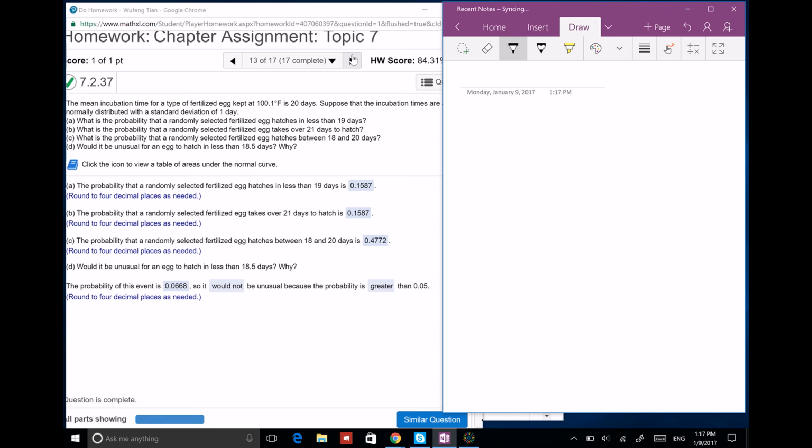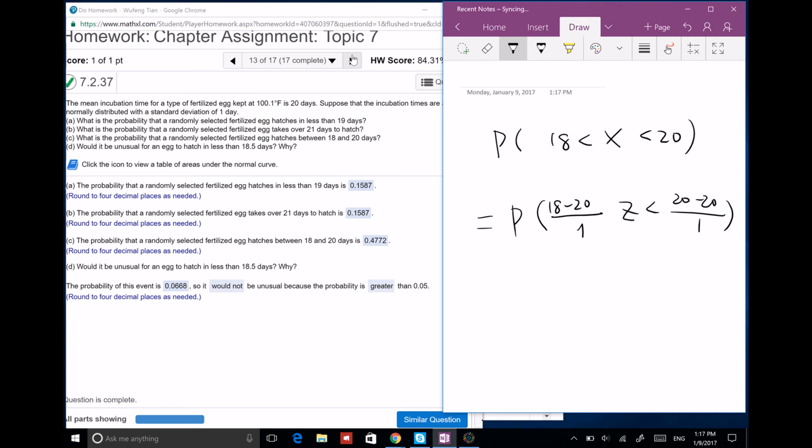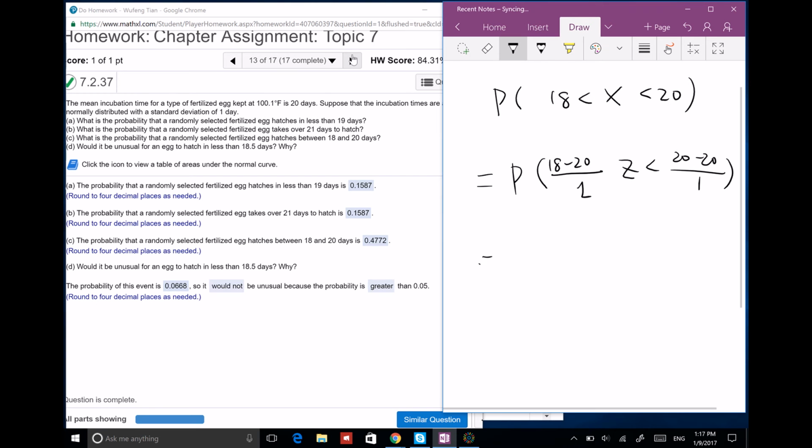Next one, between. So you've got probability of x bigger than 18 and less than 20. So what you do is the probability of 18 minus 20 over 1 less than z less than 20 minus 20 over 1. Okay, so it's the probability of -2 less than or equal to z less than or equal to 0.